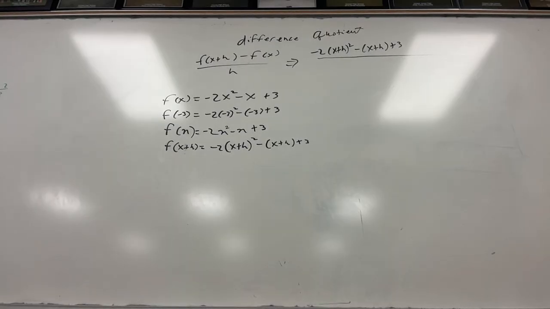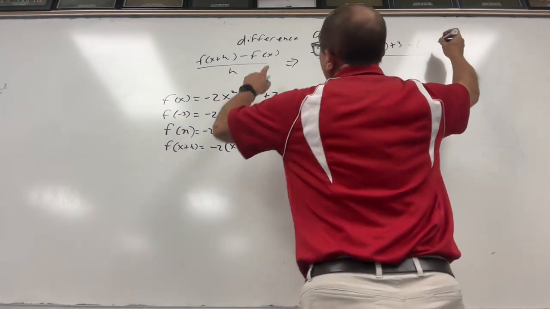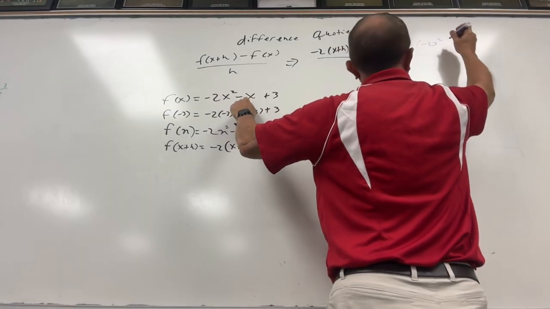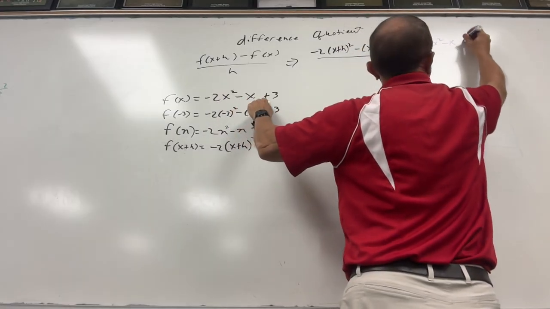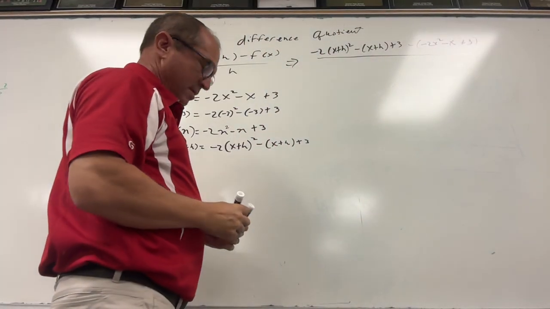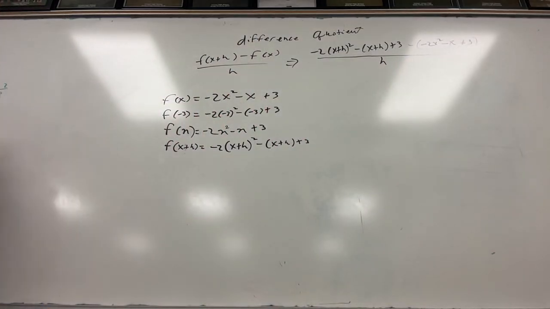We're supposed to do what to it? Say that again. Subtract f of x. Just subtract f of x from it. So let's subtract f of x from it. So it's minus negative 2x squared minus x plus 3. And then it's all over h.